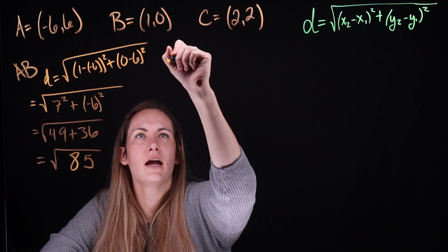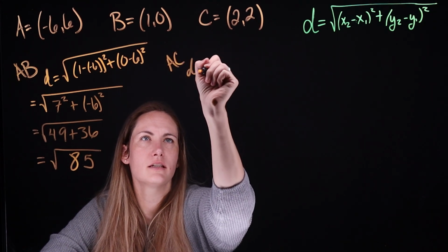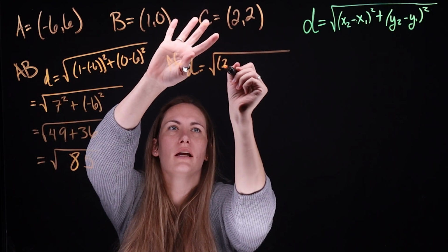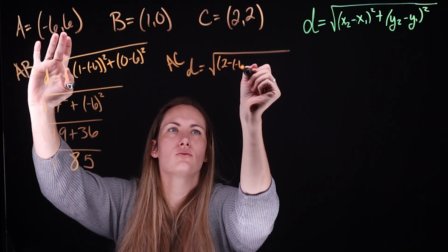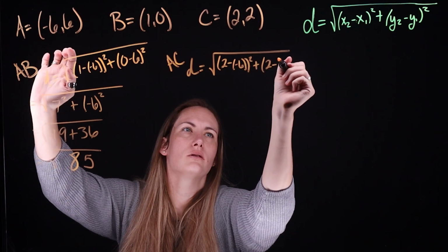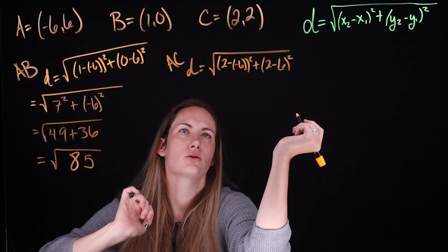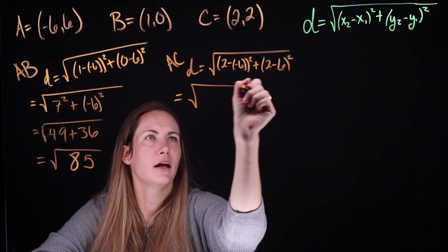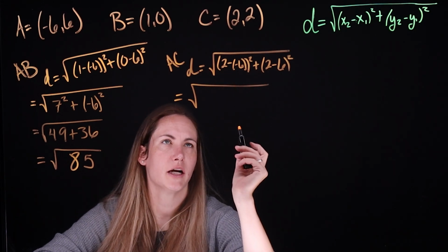Then we're going to have AC. So distance between AC, we have x2 subtract x1 squared plus y2 subtract y1 squared. Go ahead and work that. We're going to have 2 subtract a negative. When you subtract a negative, you add.